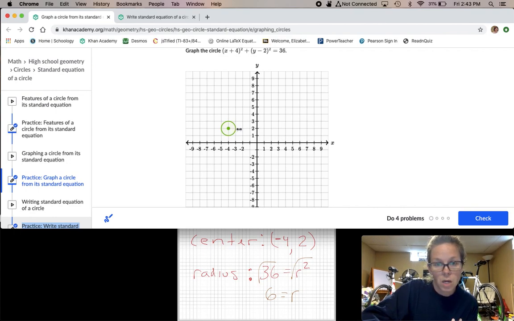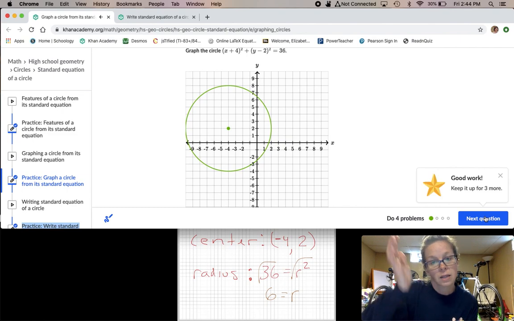So right now I'm at 1, 2, 3, 4, 5, 6 boxes away from the center, for my radius, and my center is at -4, +2. And then say, yay! Okay, so that would give me the graph of that circle.